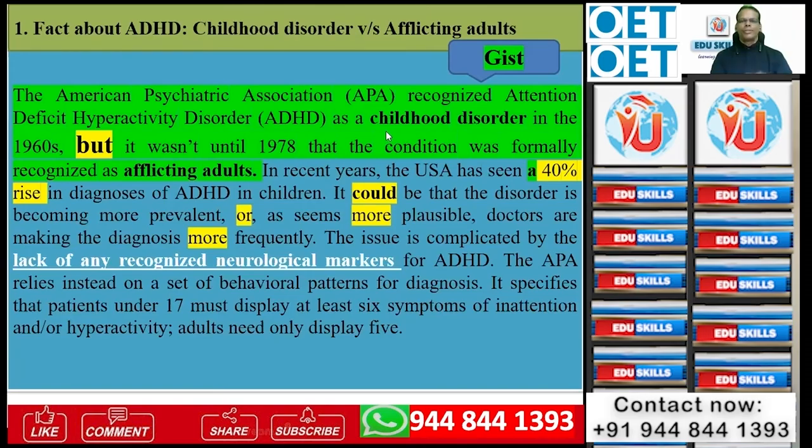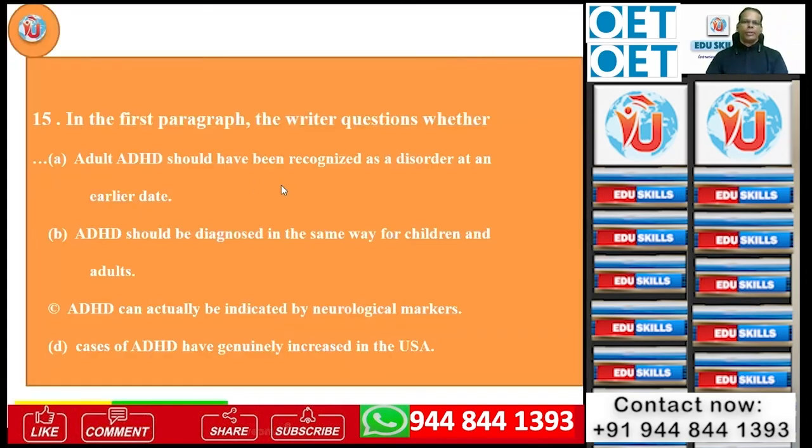That is the mother sentence of this whole text. If you understand that sentence, it's going to be very easy to understand the following sentences. Here it says, but, with a contrast, the whole text is going to speak about childhood disorder and adulthood disorder, ADHD affecting children, affecting adults. Now let's go into the question.